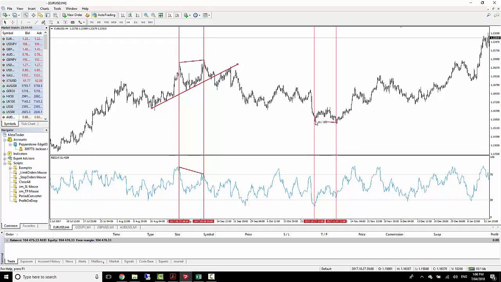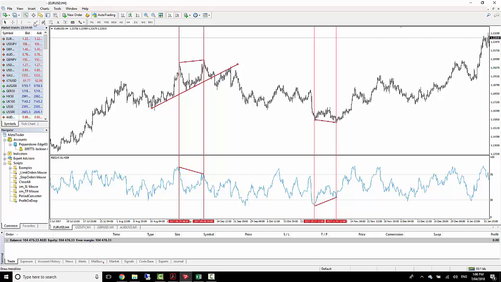So we're making lower lows in price, and when we look at the lows on the oscillator, we're making higher lows. It's still divergence, but the other way around. So we can see divergence there.